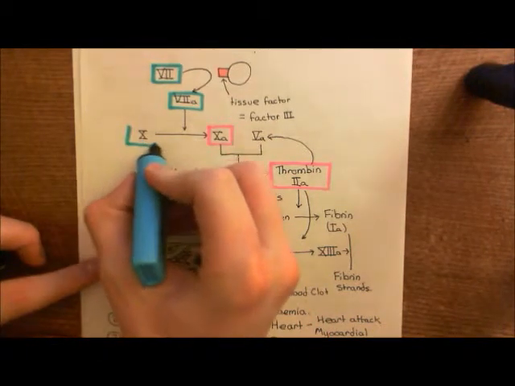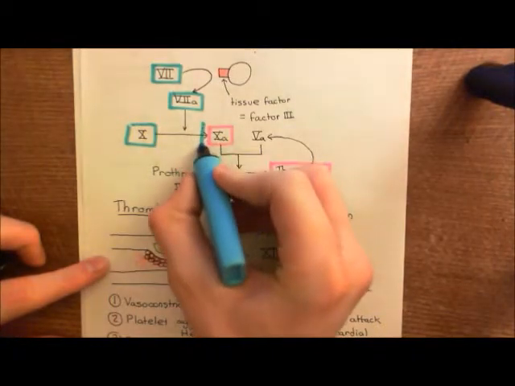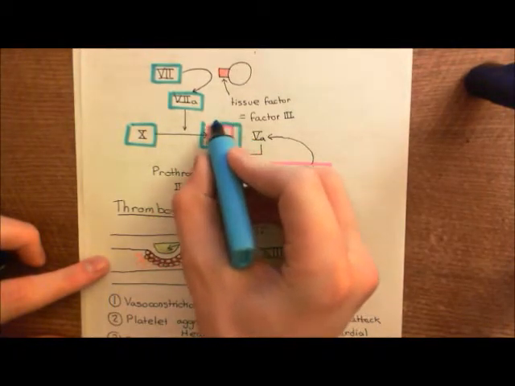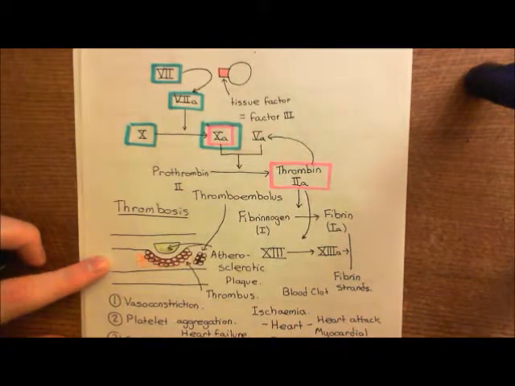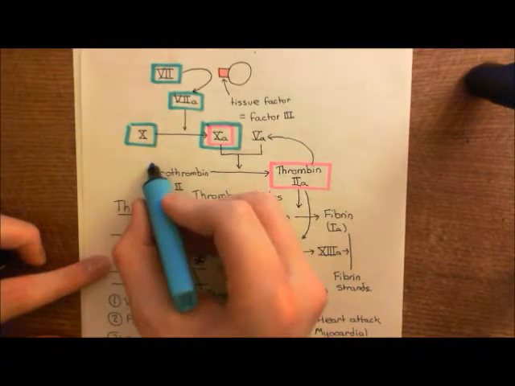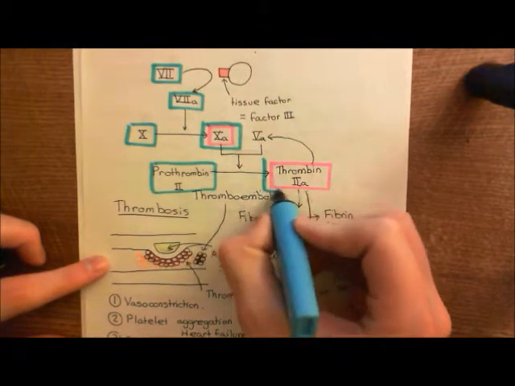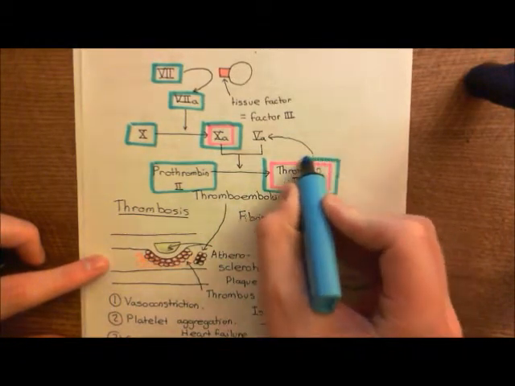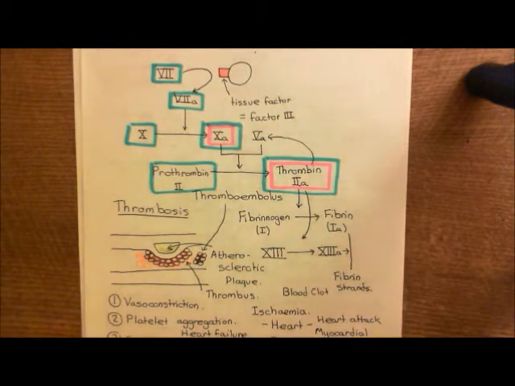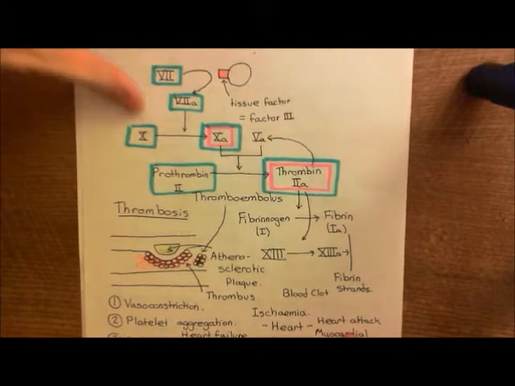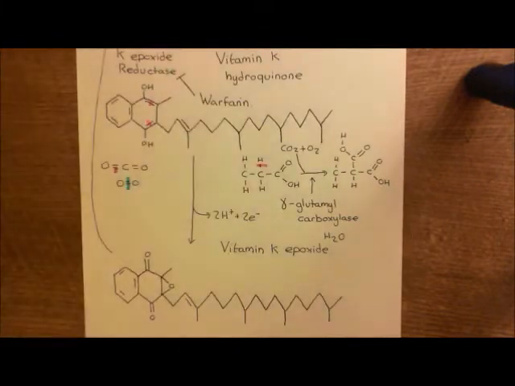Then you don't have 10 or 10A, so even if you did have 7A, it wouldn't matter, because it's got nothing to act on. And then again, prothrombin goes, and therefore thrombin also goes here. So basically all levels of the cascade also are knocked out by warfarin. Okay, so what this means is that you cannot have coagulation occurring within the blood.